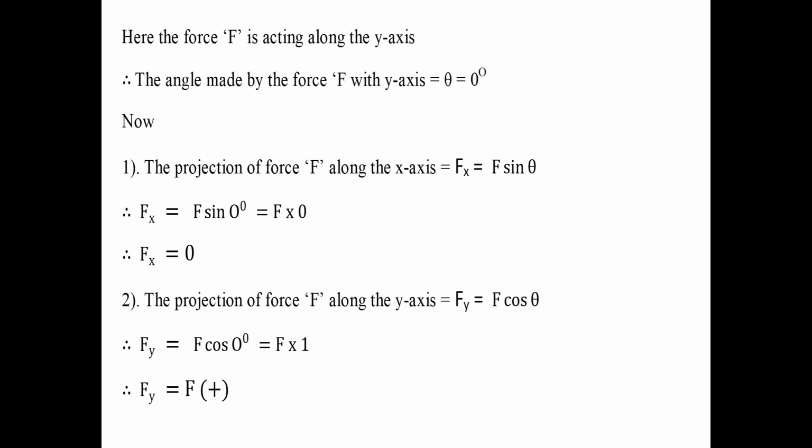When the force F is acting along the x-axis, Fx is equal to F, Fy equal to 0. Whereas in the 19th condition, the force F is acting along the y-axis. If the force F is acting along the y-axis, Fx projection is 0, Fy projection is equal to the force F.